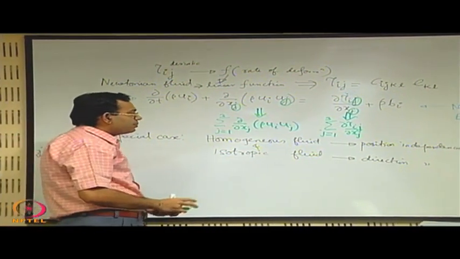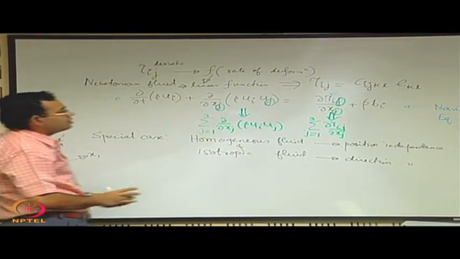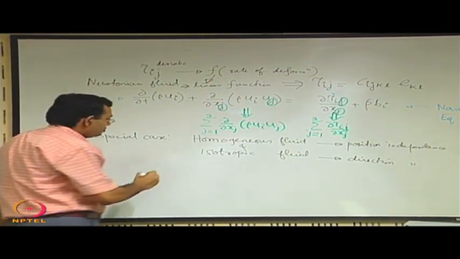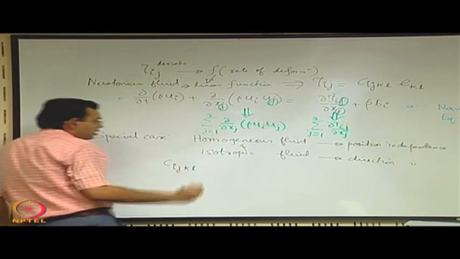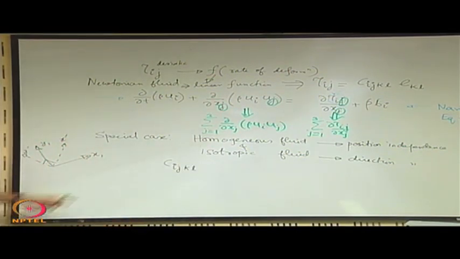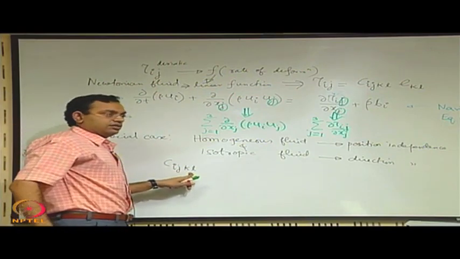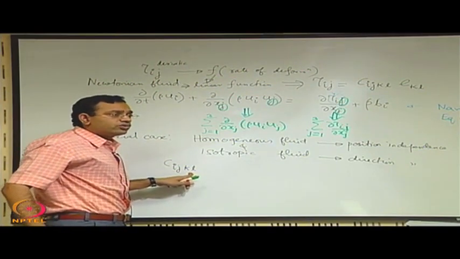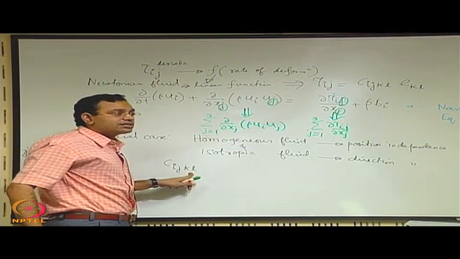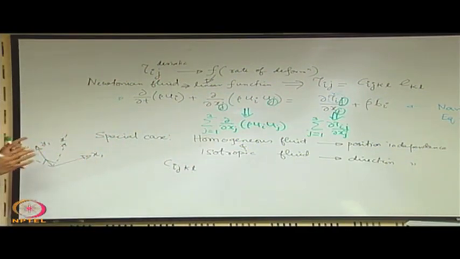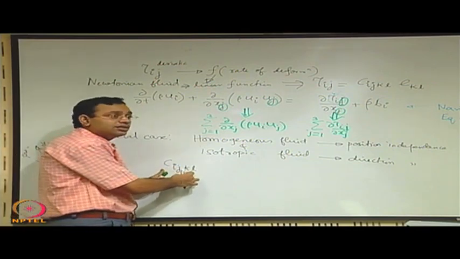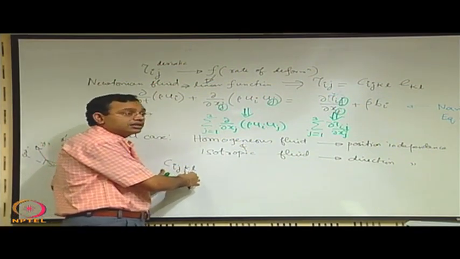So, for isotropy, say you have the fourth order tensor Cijkl. How could you convert this into a scalar? Let us say our objective is to transform this into an isotropic scalar.